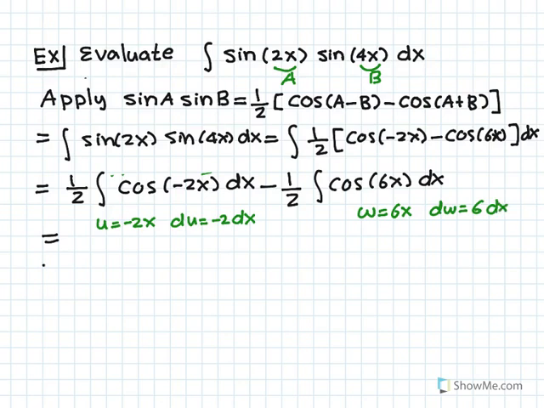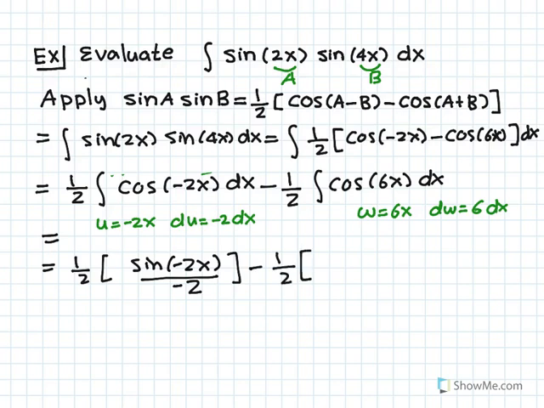All right, so for the first integral, we're going to get 1/2 times the integral of cos, which gives us sine of minus 2x, and divide by negative 2, reversing the chain rule or applying the U substitution, minus 1/2. The antiderivative of cosine of 6x is going to give us sine of 6x, divide by 6. Again, we're doing U substitution where u is equal to 6x, du is 6 dx.